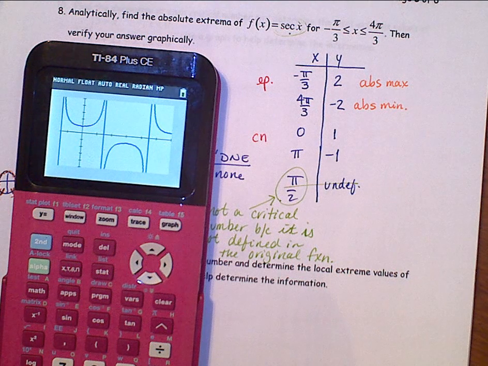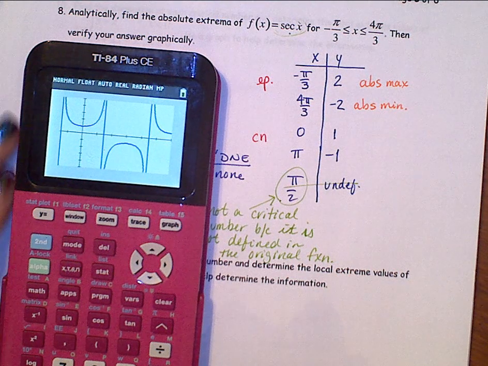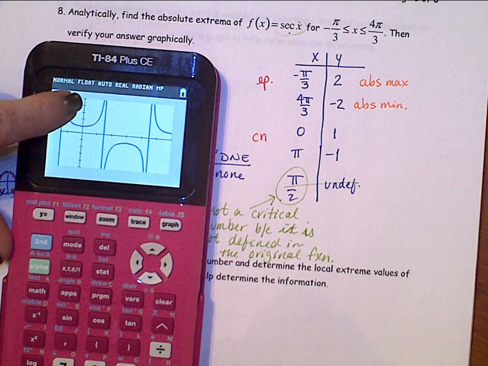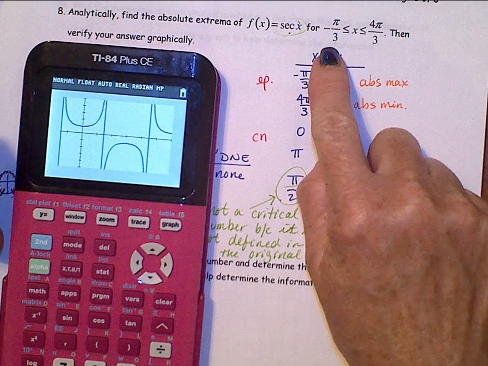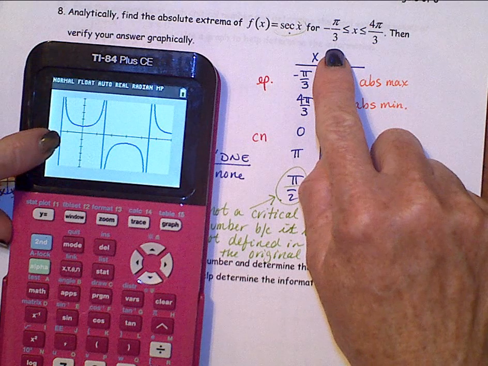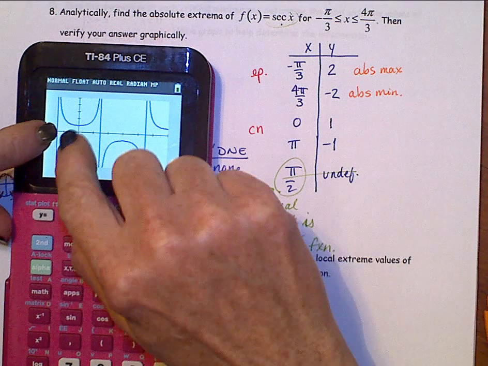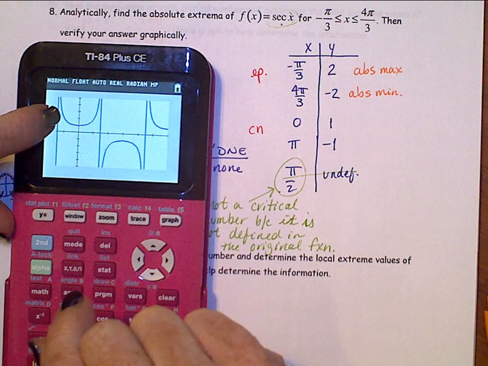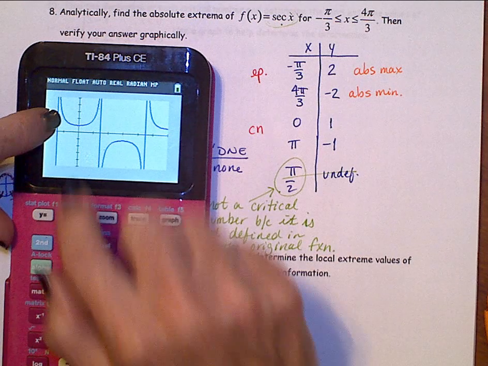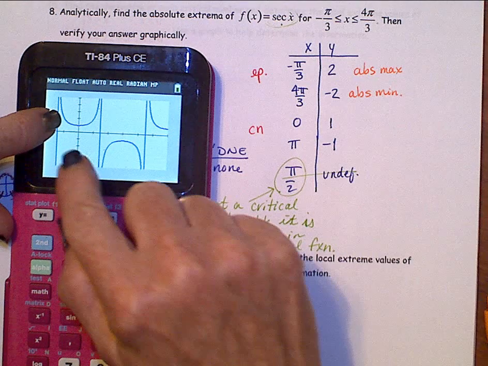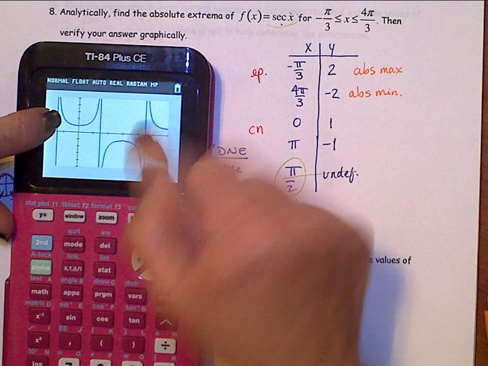Yeah. All right, so where are we graphing this thing? What are we interested in? From negative pi over 3. And remember, we're counting off by pi over 3s. So it's starting right here at negative pi over 3, and going up until 4 pi over 3. 1, 2, 3, 4 pi over 3 right here.